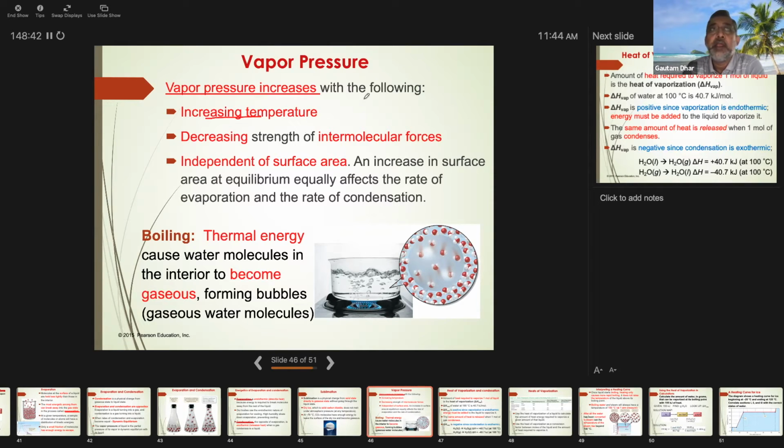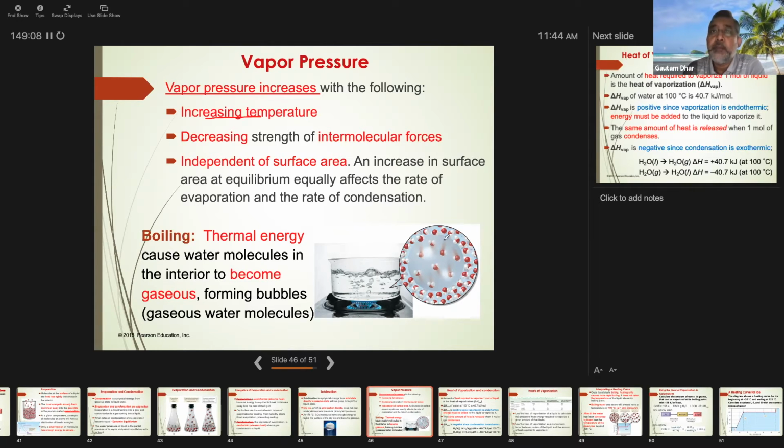When you think of boiling, you are heating it and giving it sufficient energy that it can turn into vapor from all parts of the liquid. That is what is different from evaporation. Evaporation happens only from the surface, but boiling happens from everywhere.